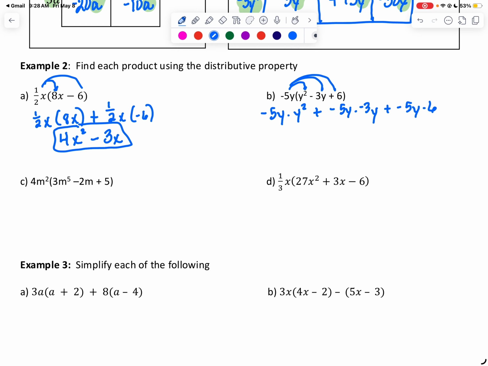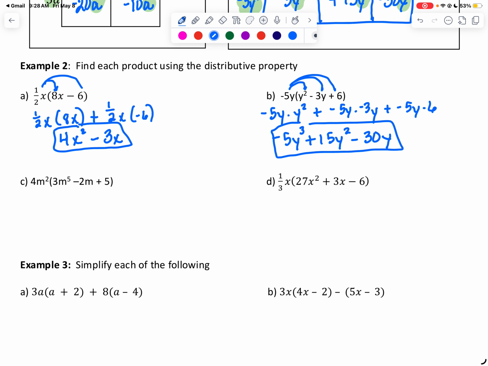Now let's simplify this. Negative 5y times y squared is negative 5y to the 3 power. Negative 5y times negative 3y is positive 15y to the 2 power, and negative 5y times 6 is negative 30y.